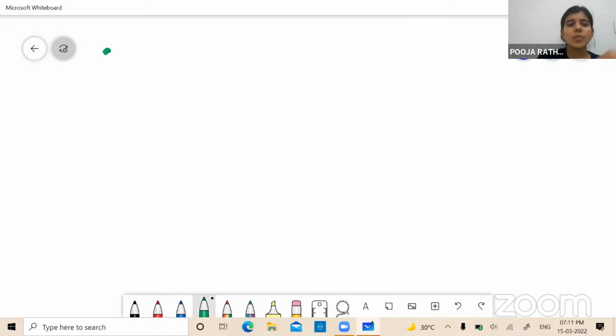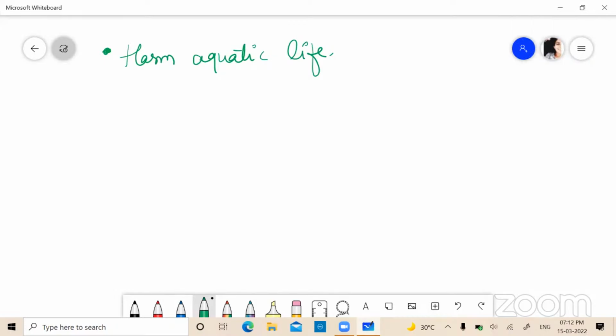First one is harm to aquatic life. How is it harmful to aquatic life? Yes, Abhinav. Ma'am, aquatic animals, the water is not suitable for their life.